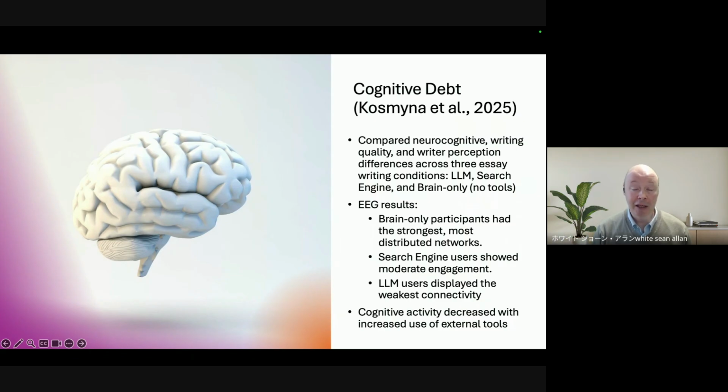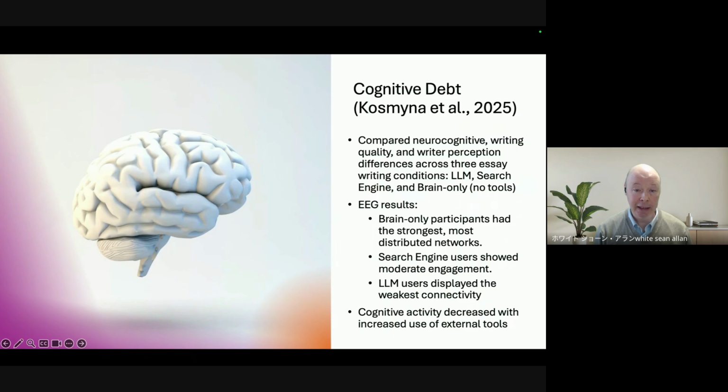They looked at neurocognitive imaging, how brain networks light up, so they measured what happens to students' brains when they write essays using different tools, or no tool at all, right? They looked at writing quality, an evaluation of the results, and then writer perceptions. The three essay writing conditions were with an LLM, with only a search engine, and finally brain only, no tool.